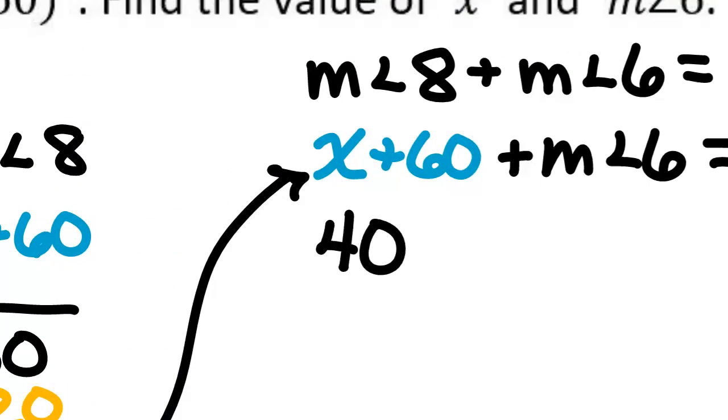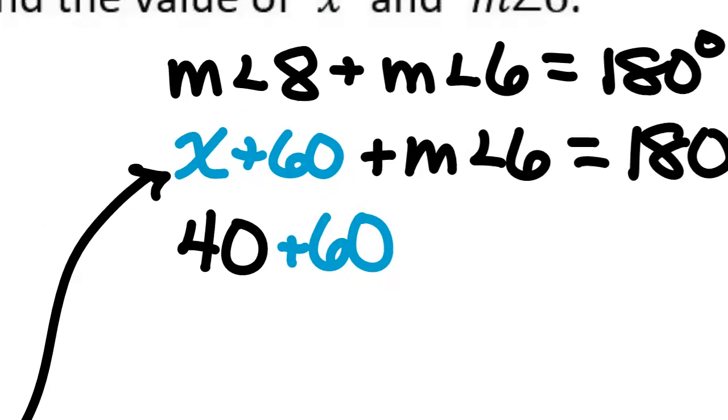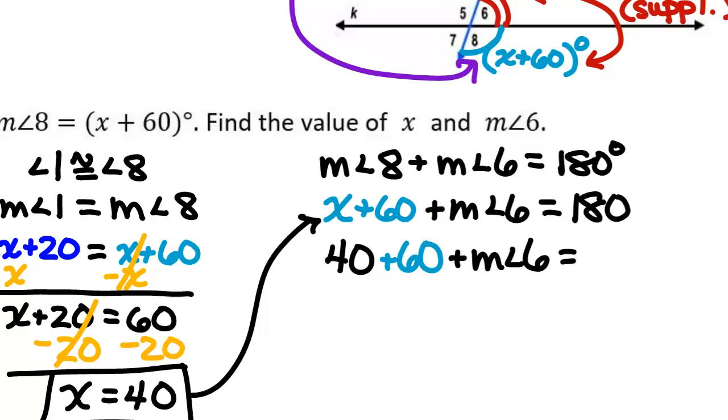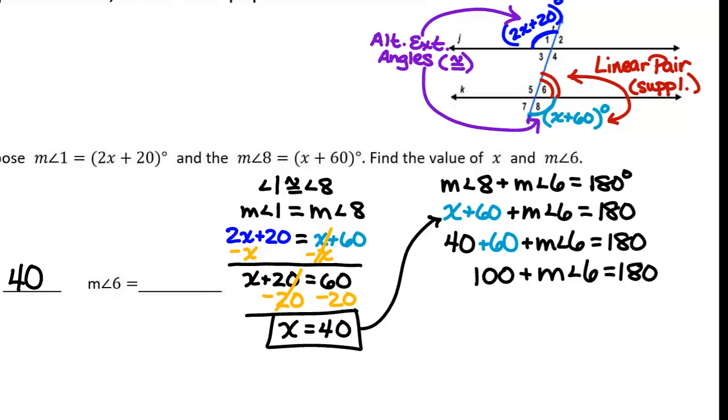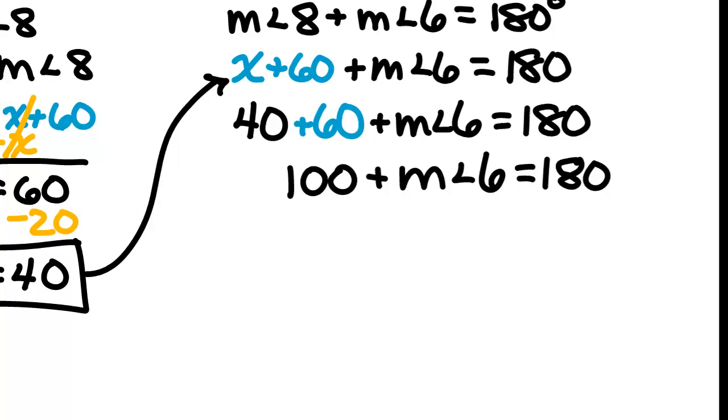So I would have 40 plus 60 plus the measurement of angle 6 equals 180. What's 40 plus 60? 100 plus the measurement of angle 6 is 180. And then I have to subtract 100 from both sides, which means angle 6 is how big? 80.